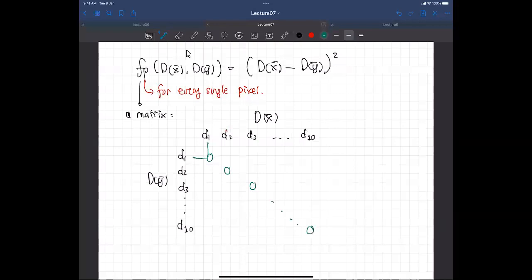The next value, you just do the subtraction. So it's likely to be a symmetric matrix. This again is a 2-dimensional matrix for FP. So if FD is a vector, FP is a matrix.